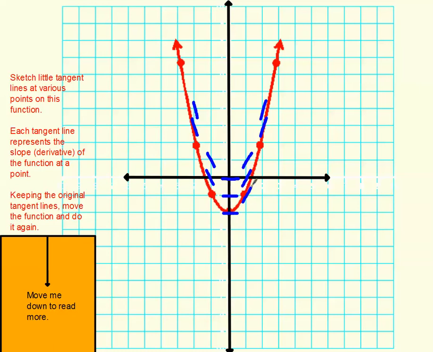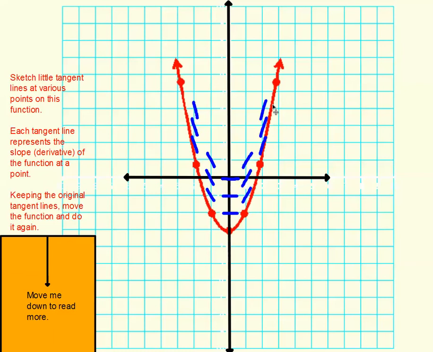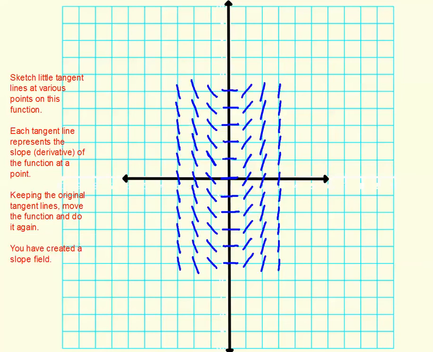And as I draw these little tangent lines that represent the slope at those points, what you're going to start to see as I do this over and over are a bunch of little lines that represent the slopes all over, depending on where my curve is. And when I move my curve out of the way, it's a field of slopes. It's a slope field. I've created a visual of what the solution would look like.